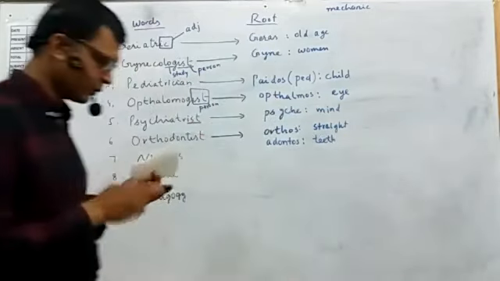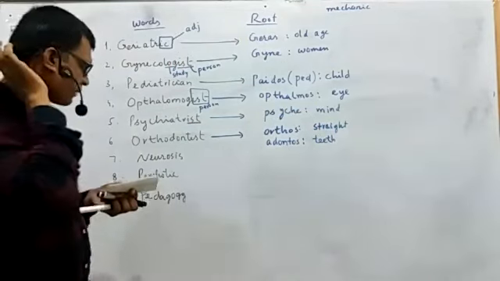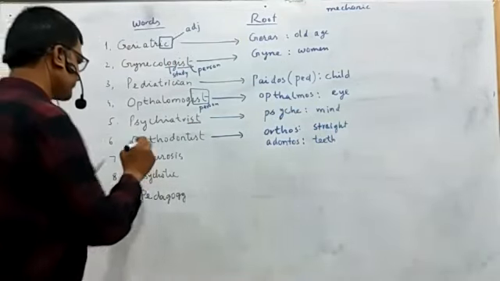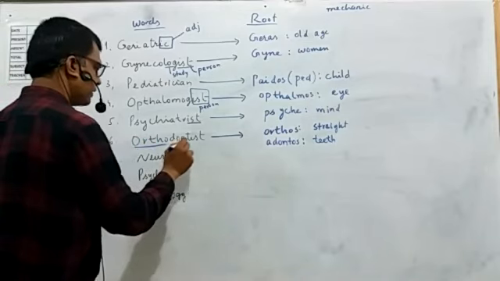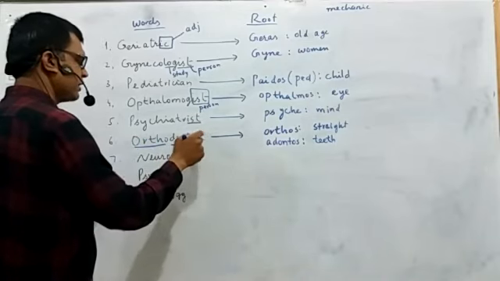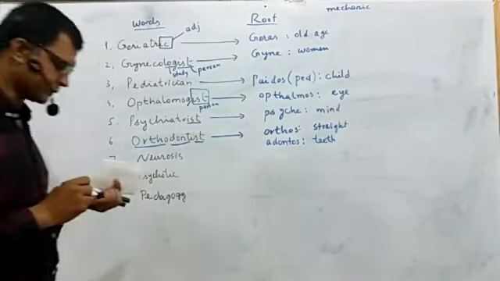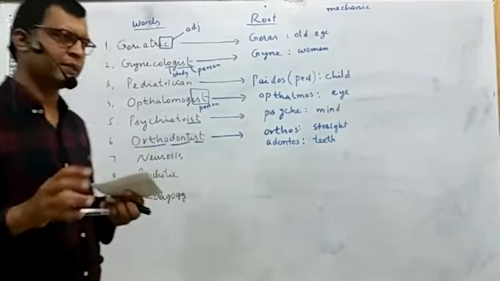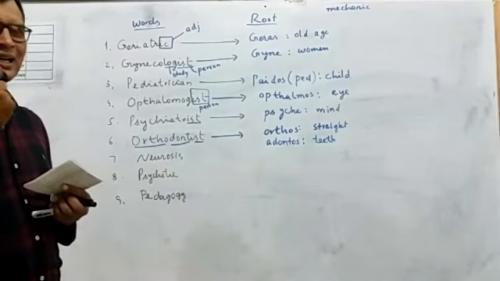Okay, so the word has kind of two different pieces. It has ortho and odontus, and ist for the person. So we say that orthodontist is a person who strengthens our teeth.